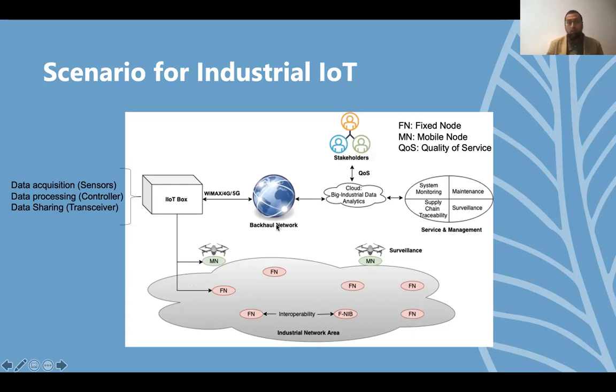This backhaul network can be anything. We can use WiMAX, we can use 4G LTE, we can use 5G, even we can think about 6G, because of the diversity of nodes connected in these IoT networks. That's why researchers are moving forward to intelligent networks. So 6G and 5G are more or less intelligent networks, where the challenges are scalability and heterogeneity and so on.